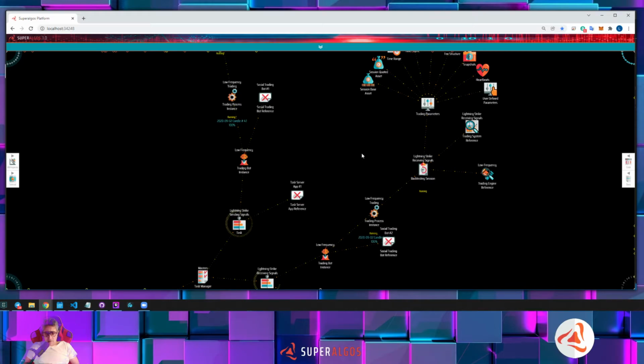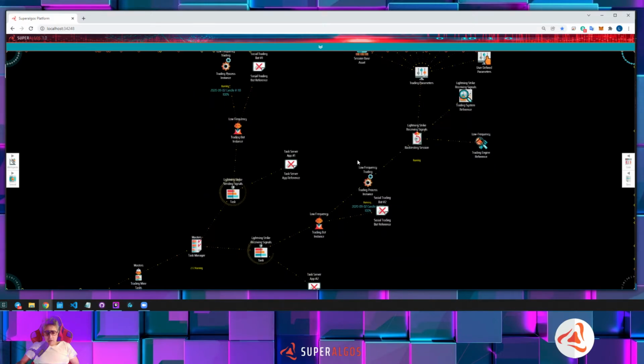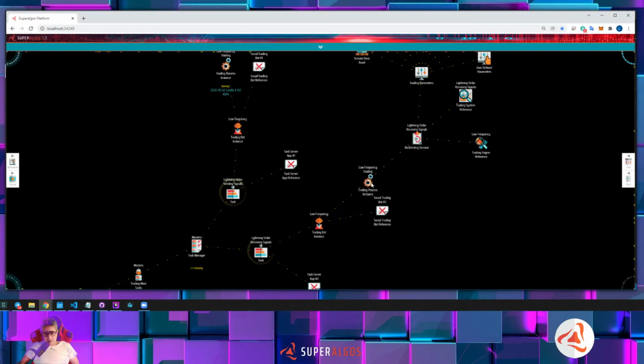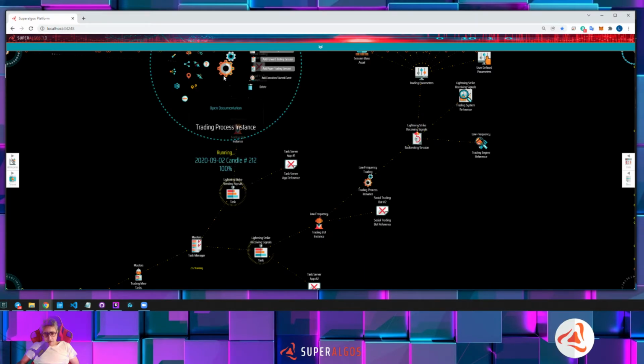I mean, remember that this is going at a certain speed running and this is going at a certain speed. In fact, this one went through all the candles before this one reached candle number 200.